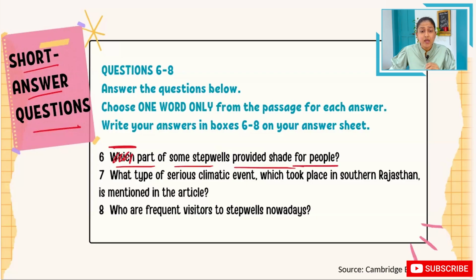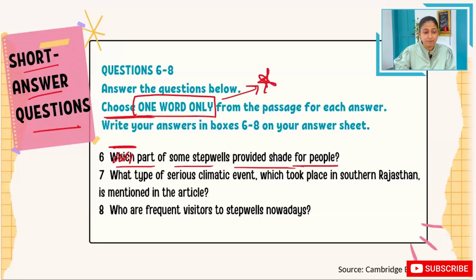But still, that's not what I'm trying to bring your attention to. Your attention should be more on the instruction which says choose one word only from the passage for each answer. That means you cannot write more than one word for these questions. Here again and again I might focus on this, to bring your attention to these instructions.